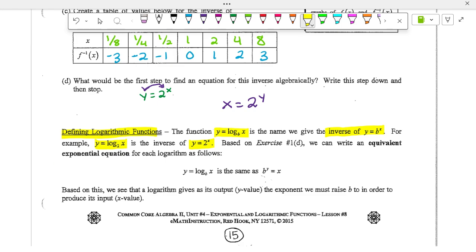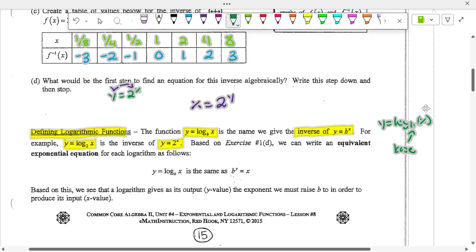Now, how this works, you'll see what I mean in a second. Just to note, when you have the function y equals log b of x, this b value is known as your base. Just like how an exponential has a base, a logarithm also has a base. So that little tiny number in the subscript is your base. Now, this number right here is considered your exponent.